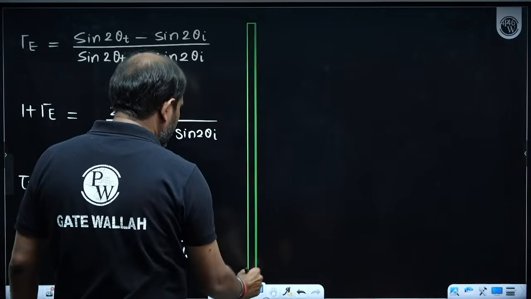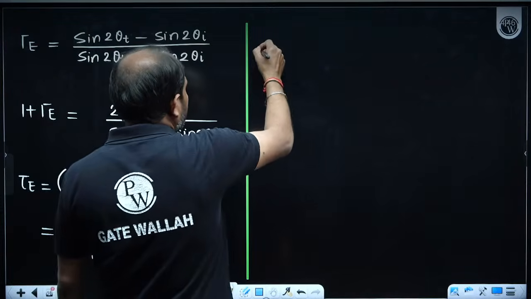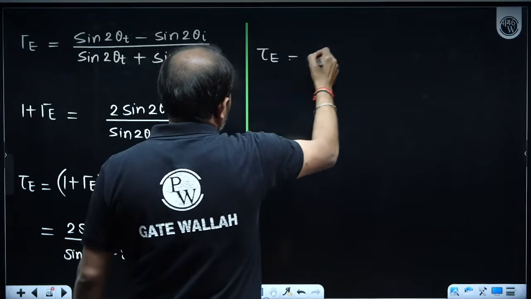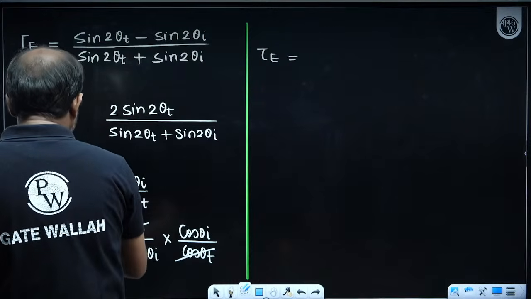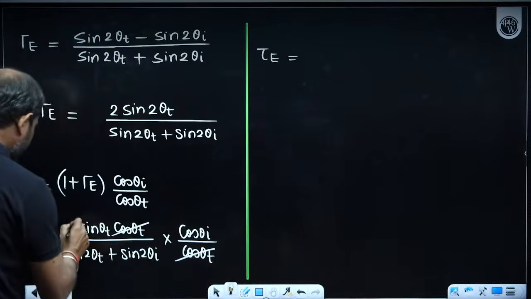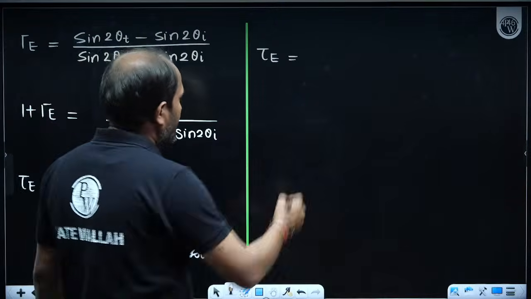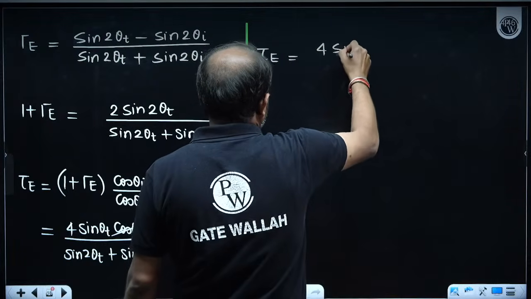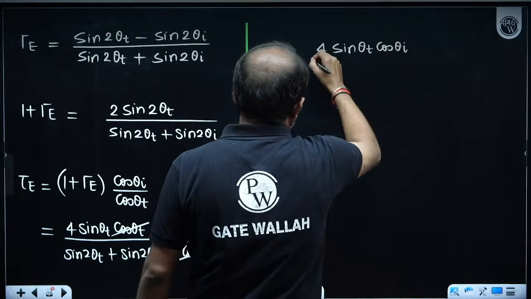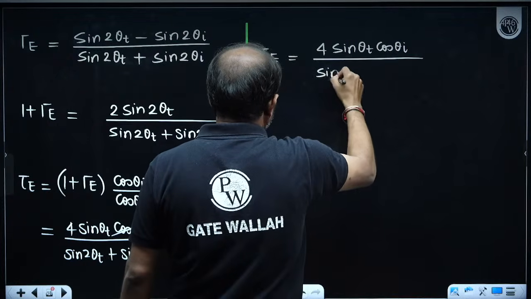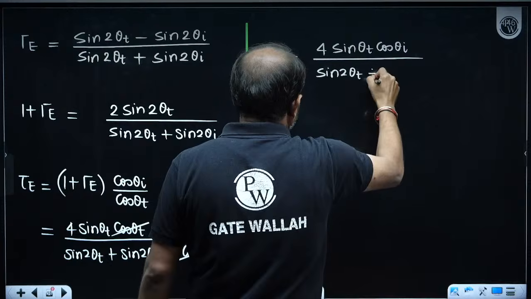So we have the transmission coefficient formula, 4. This one is 4, 2 into 2, 4. 4 sin theta t cos theta and sin 2 theta t plus sin 2 theta I.